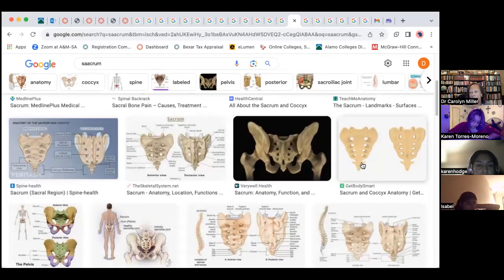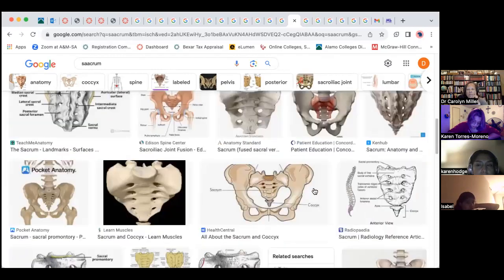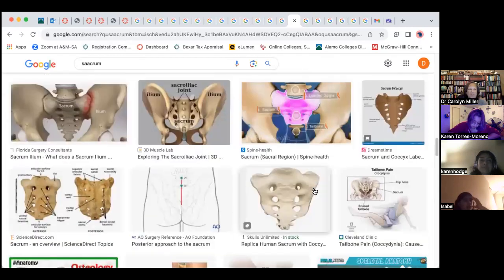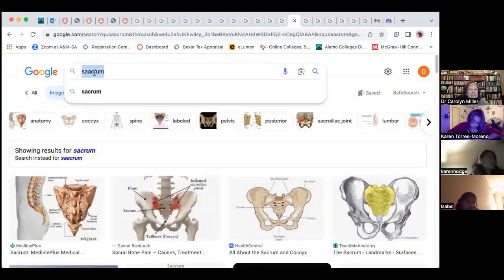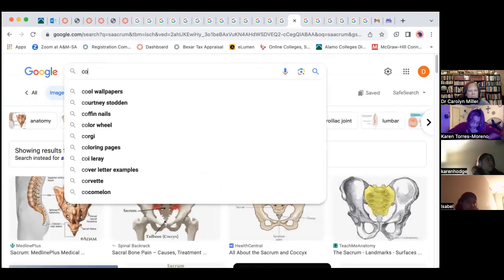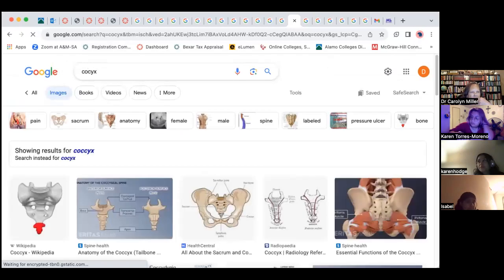So here will be my coccyx starting here. This is my coccyx, and this is the sacrum. And I would find one that has, see if the coccyx is color coded. Yes, red, bam, there's the coccyx.